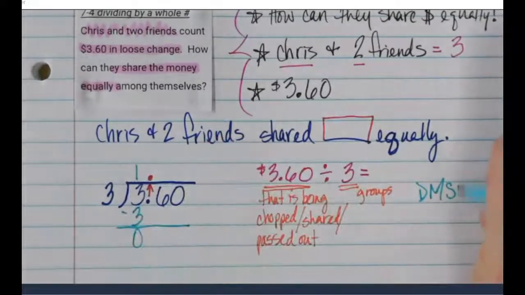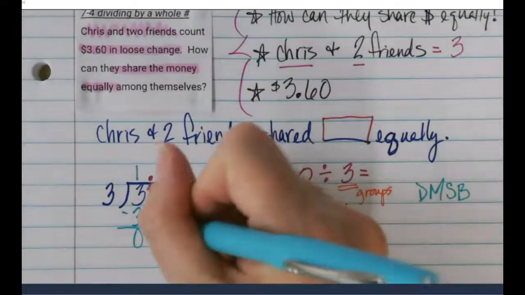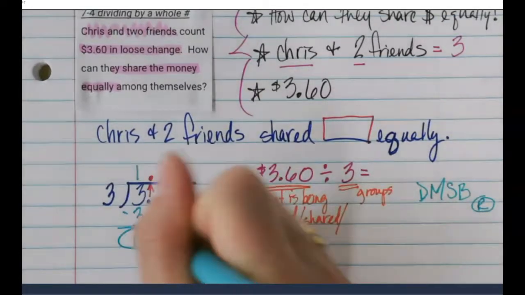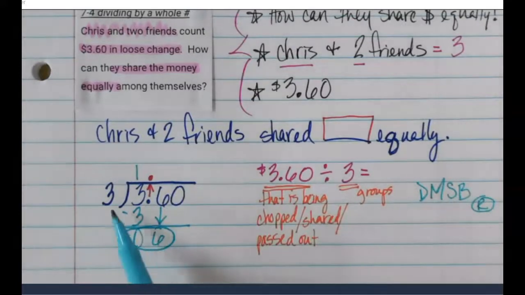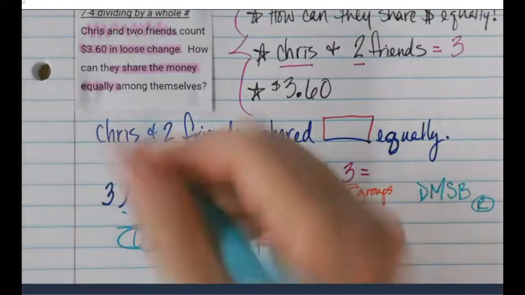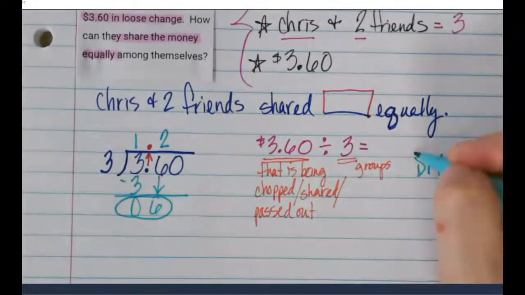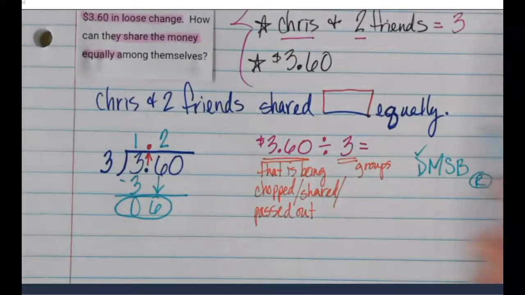Next step. Bring that puppy down. Next step. Repeat. And I'm circling the number I'm repeating with. So now I have 6 divided by 3 is? One person knows it. Thank you for being awake. 2. That's my division. What's my next step?